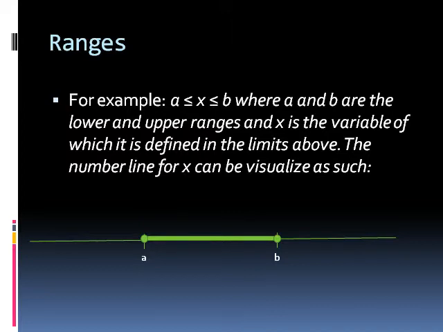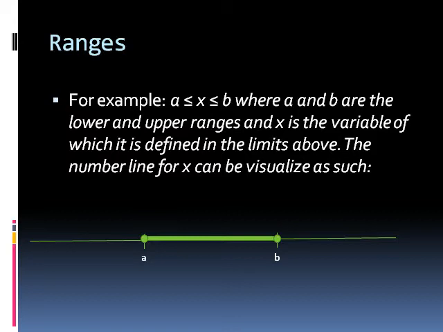So what happens if we want to display a range of values that a variable such as x can be, given a defined range for x? In this example, let's say we're given the range of a and b, which x can be in.